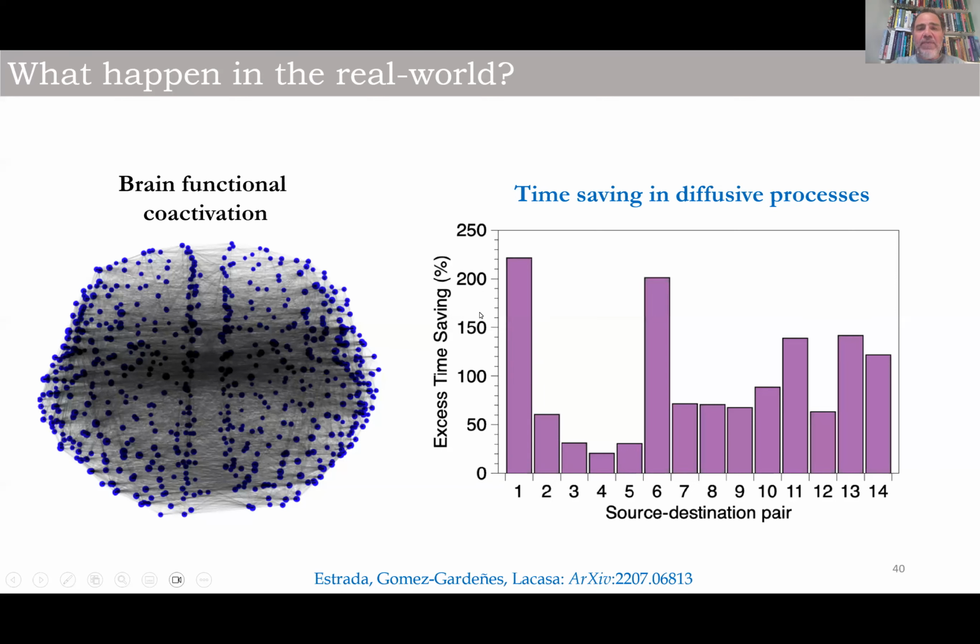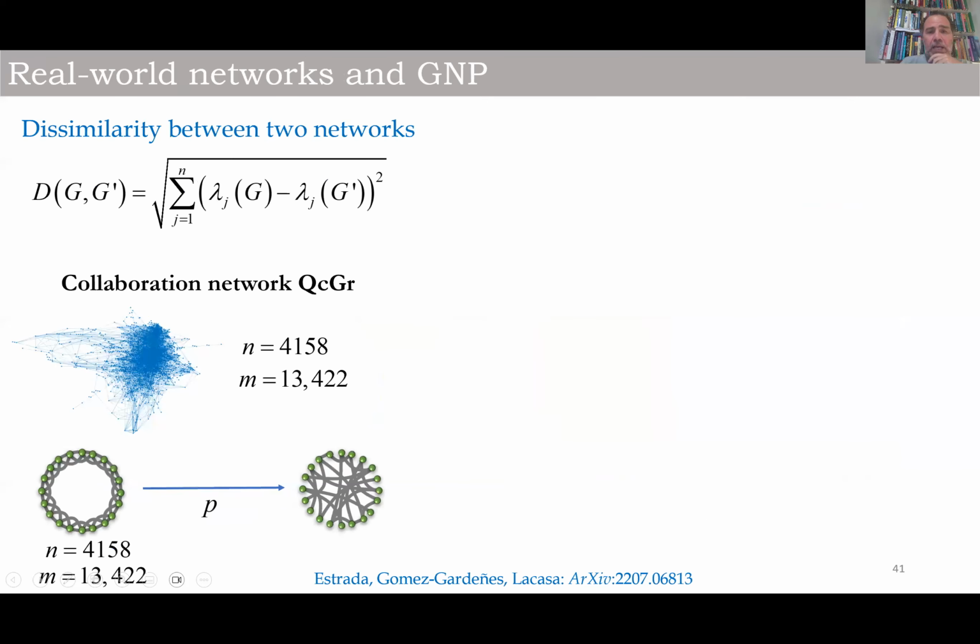See that there are savings of more than 200% of whatever is being measured here, let's say energy, but in general, for most of the source-destination pairs that we have selected, there are certain gains in this communication.